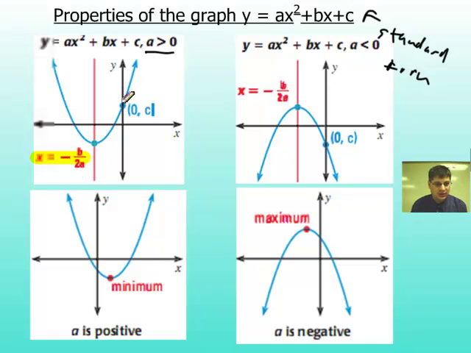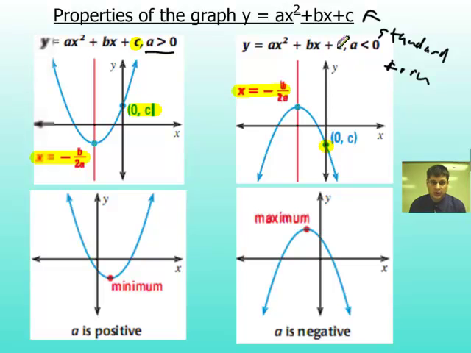Additionally, the y-intercept in standard form is always going to be (0, c), where c is your constant at the end. Likewise, I can see it here. Again, the axis of symmetry is x equals -b over 2a, and my y-intercept is going to be (0, c). That corresponds with the constant in this equation.